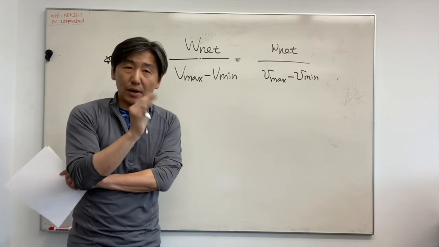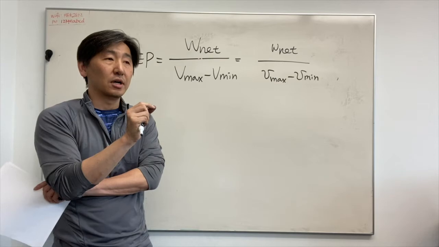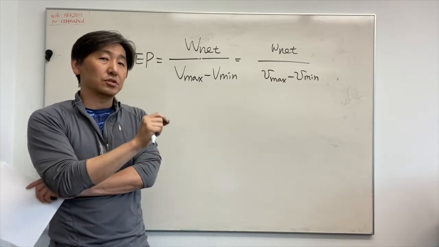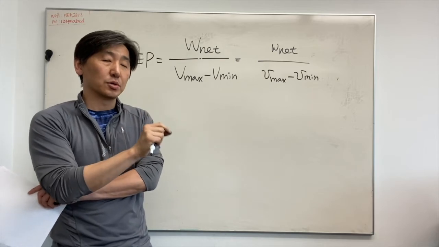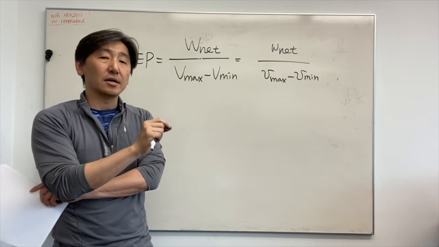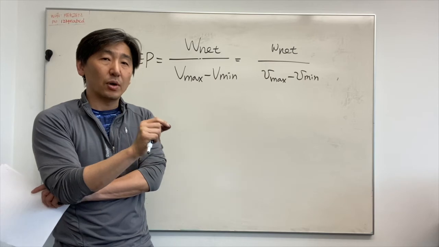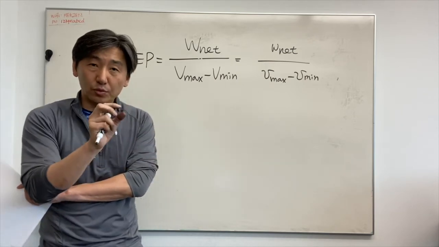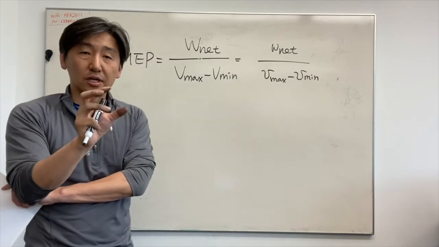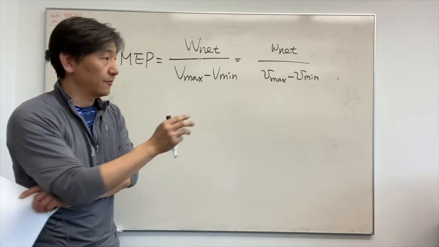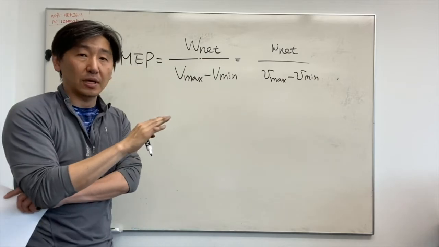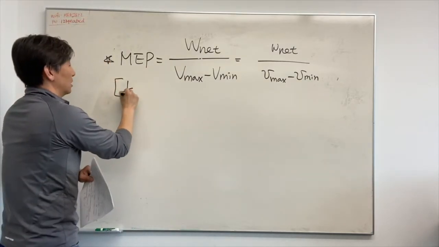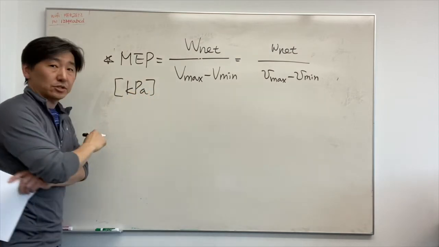So that's why, sometimes you have to compare engines with different sizes. And only by using the amount of work from those engines, we cannot make a good decision about which one is better in terms of power output. But if you convert that net work to mean effective pressure, everything can be converted to kilopascal. So the unit of MEP is just the unit of pressure.